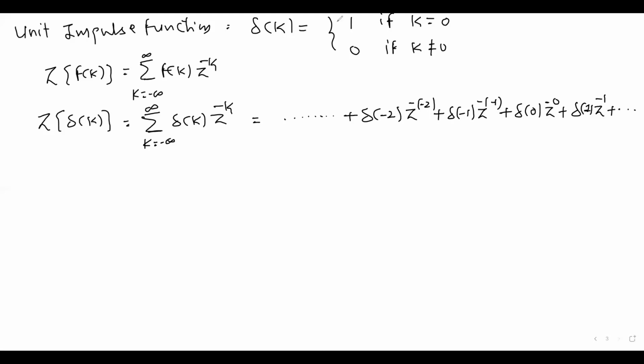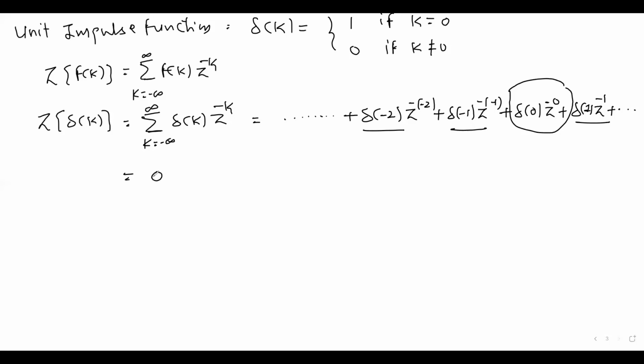So by definition of the unit impulse function, the value of delta k is 1 when k is 0, otherwise 0. It means this value is 0, the second value is 0, this is also 0. All the values are 0 except delta of 0.